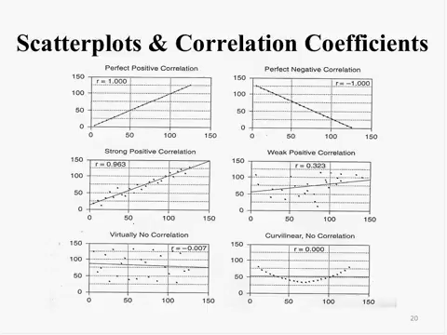The same thing applies to weak positive correlation, and virtually no correlation at bottom left. You've got a scatter plot of points all over, and it looks like there's no correlation whatsoever. But if you were to have a distribution like the one over on the right, the curvilinear, where it says no correlation, maybe and maybe not.